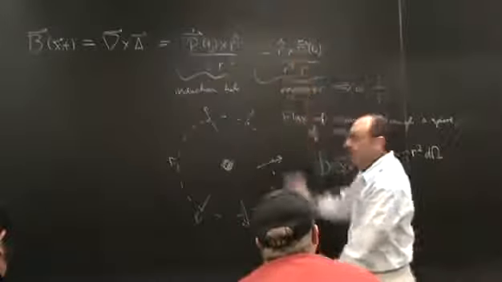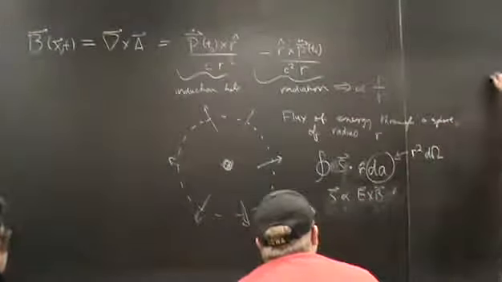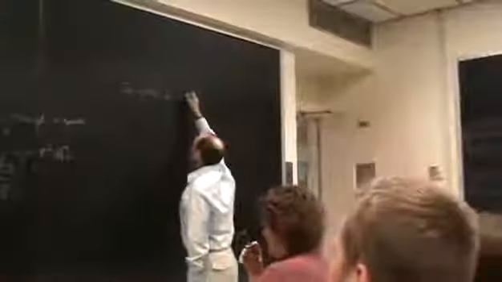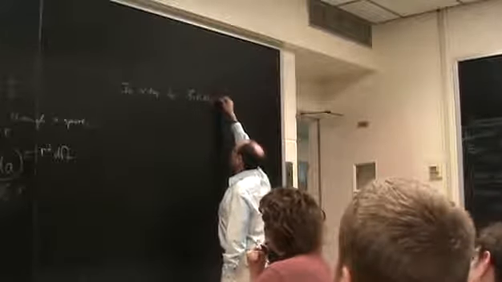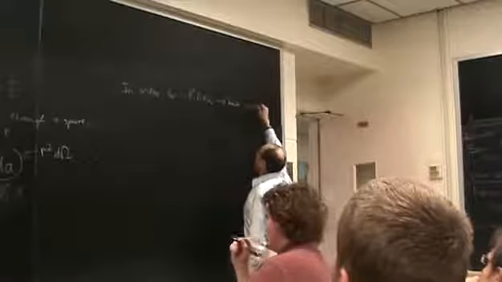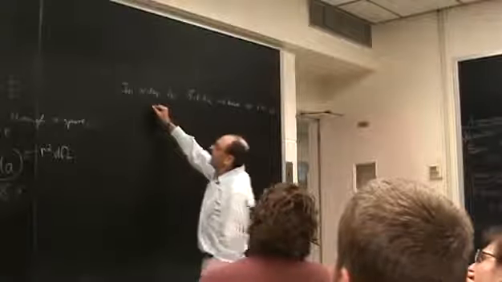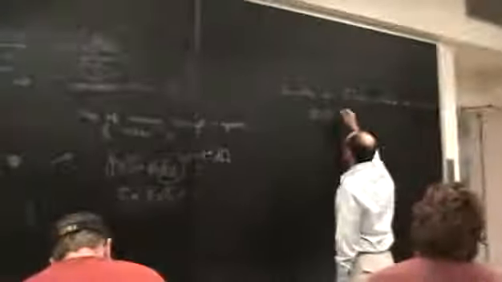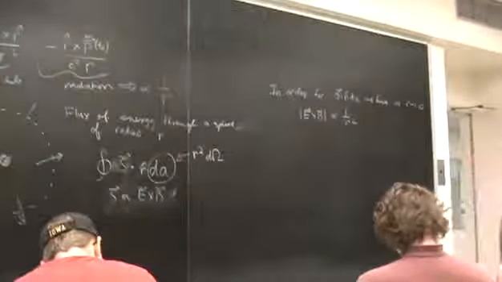In order to have the flux go off to infinity, in other words, the energy be radiated away, so in order for S dot n hat dA to be finite as r goes to infinity, the magnitude of E cross B must be proportional to 1 over r squared.